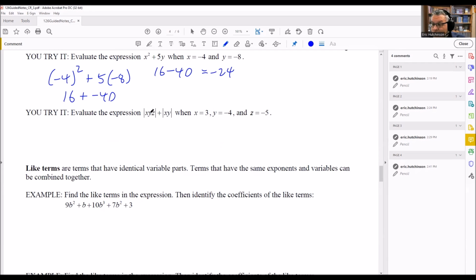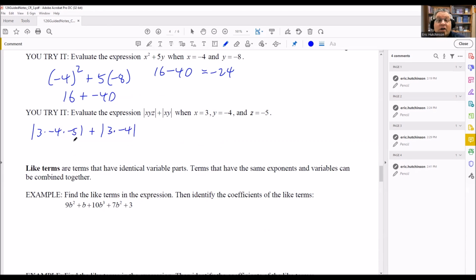All right, so let's do another one of these where we've got a couple of different variables. We've got x, y, z. So we're going to do 3 times negative 4 times negative 5. X, y, z, just put all three of those in here. Plus, then we have absolute value of x times z, so 3 times negative 4.